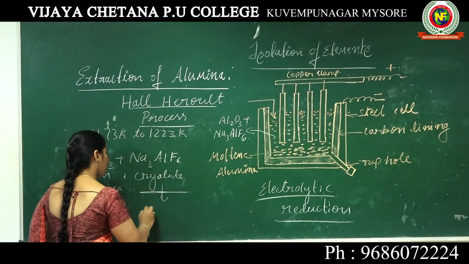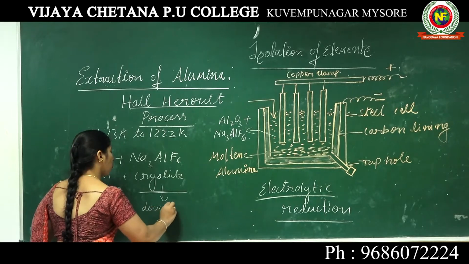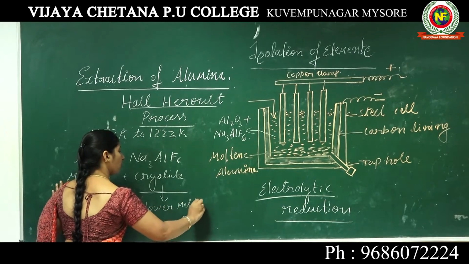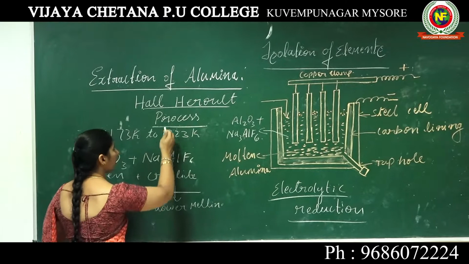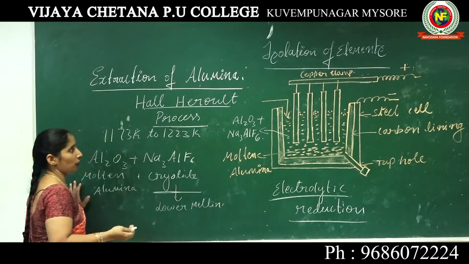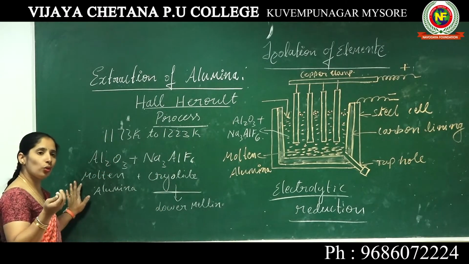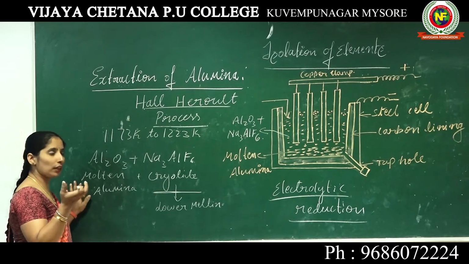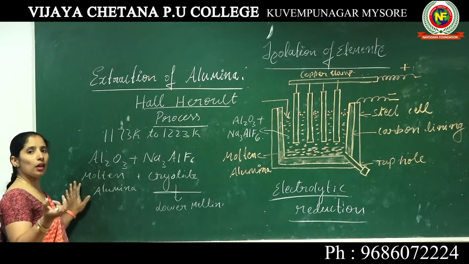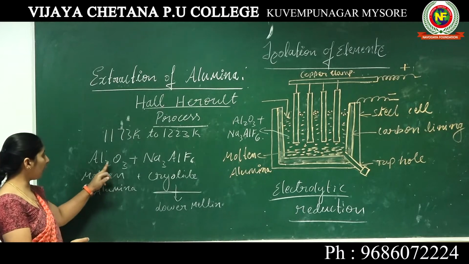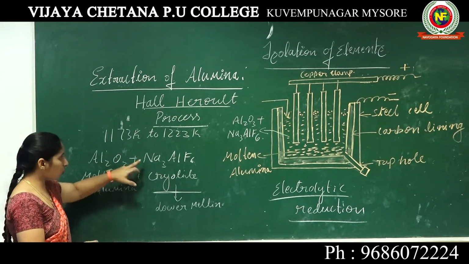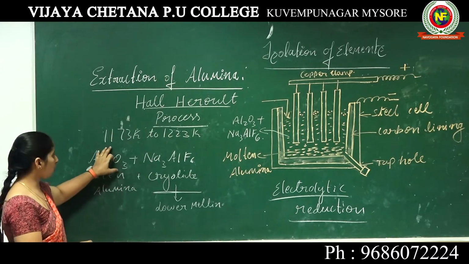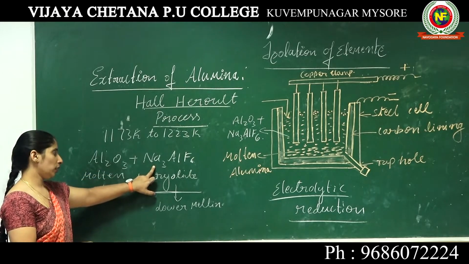This cryolite will lower the melting point of the bauxite. How do we get the alumina? Through an ore called bauxite. Here this bauxite, Al2O3, is mixed with cryolite.